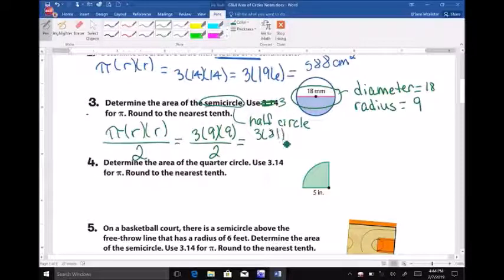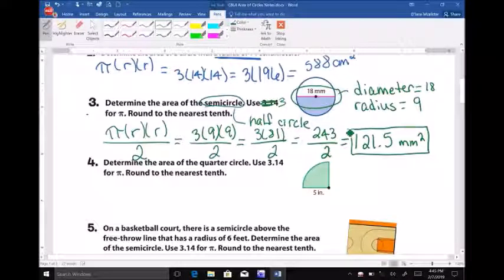So 3 times 81 divided by 2. And 3 times 81, I get 243. And remember, it's half the circle, so we're going to divide it by 2 and get 121.5 millimeters squared.